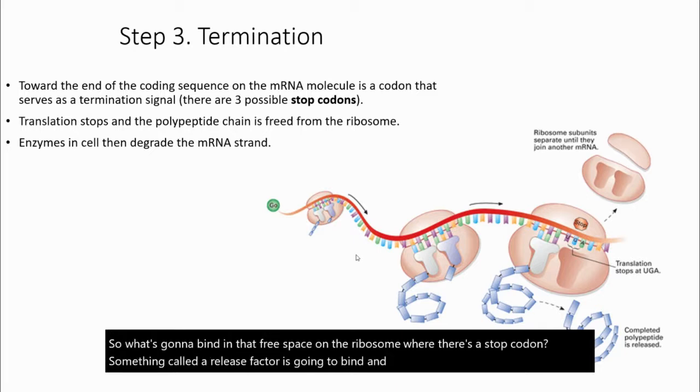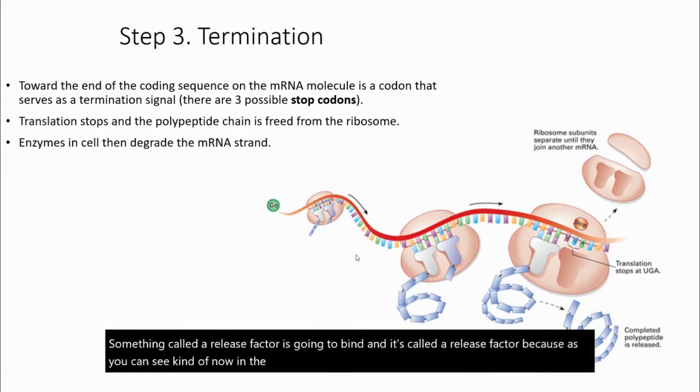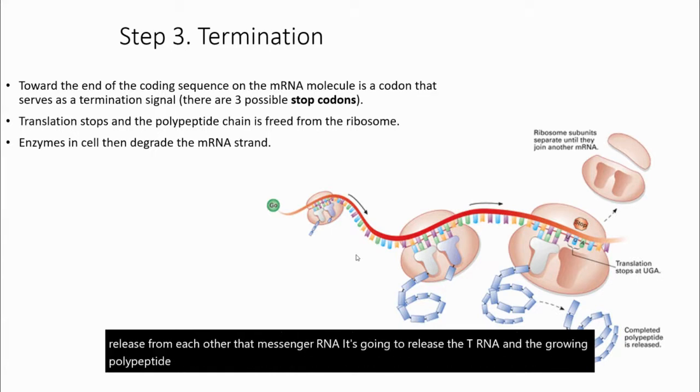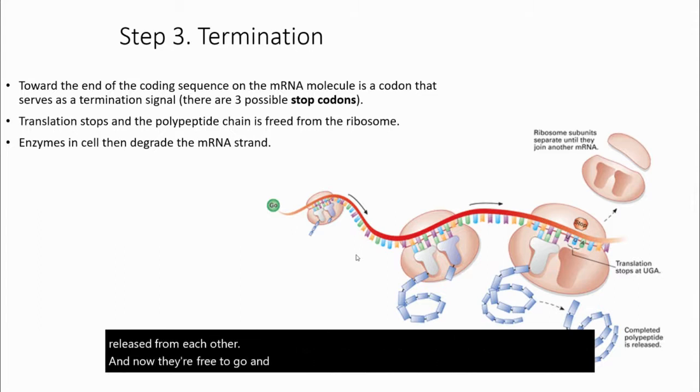And it's called a release factor because, as you can see now in the top right of the photo, the ribosome is going to separate or release. That's going to release the messenger RNA. It's going to release the tRNA and the growing polypeptide chain. And that means this process is done. All the key players have released from each other, and now they're free to go and start translation on another piece of messenger RNA.